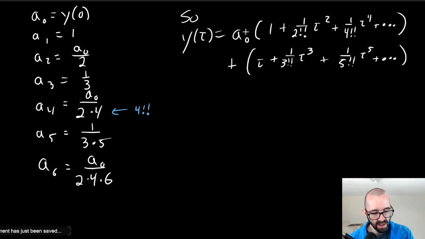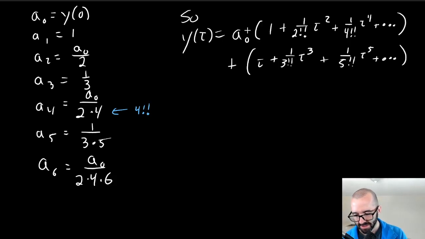The odds don't have that a naught coefficient, just the double factorial. And again, combining this, you can see that we have a constant term, a linear term, a quadratic term, a cubic term, a quartic term, a quintic term, and so on. And it really just depends on a naught.